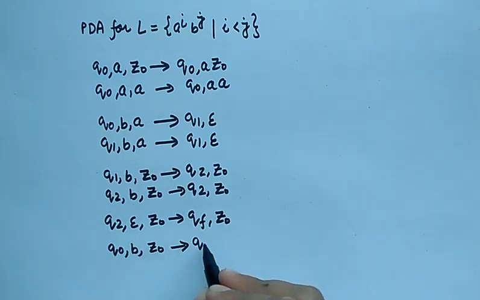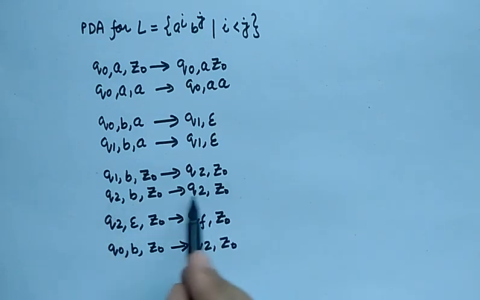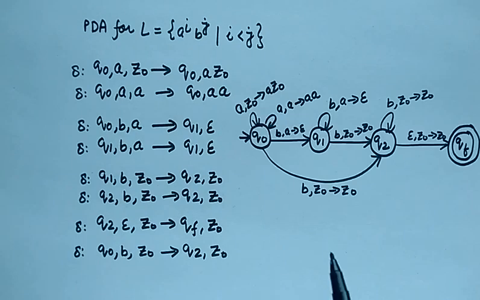Then at Q2 we will read the rest of the B's, and after the B's the end of string will come and we will reach the final state. So this is needed for the case when I is 0. And this is the transition diagram for the same PDA.